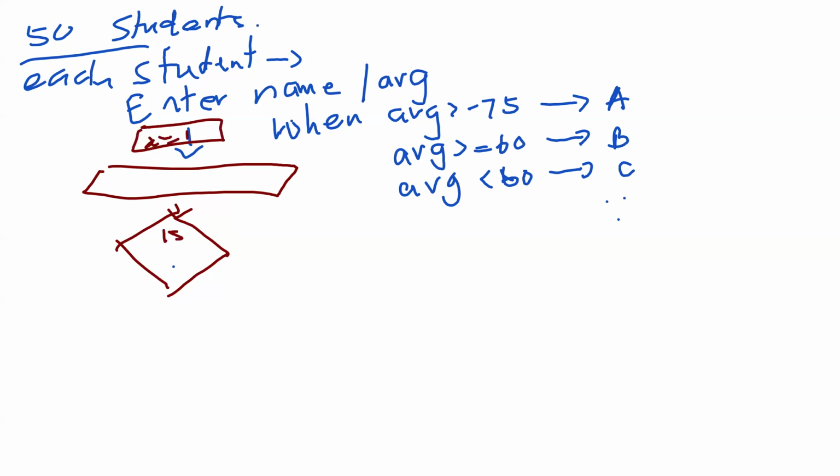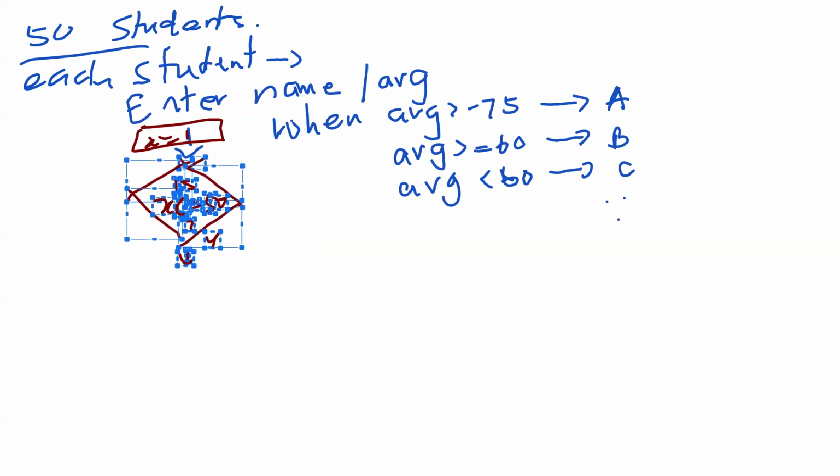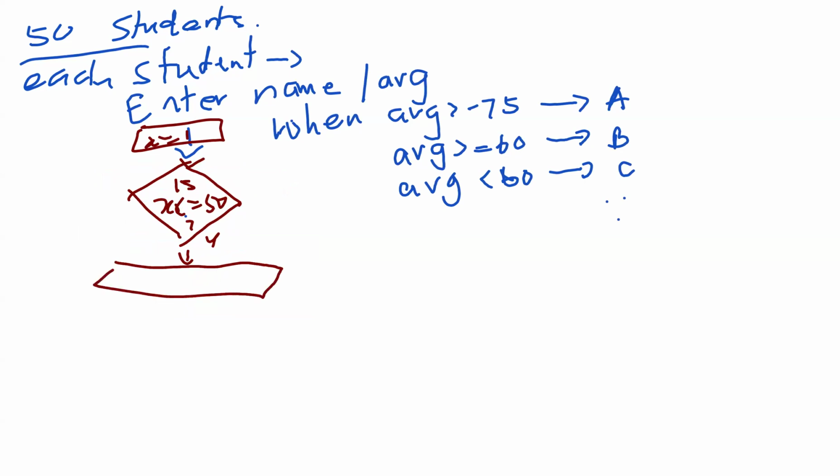Is x less than or equal to 50? If yes, we start the loop and enter name and average.